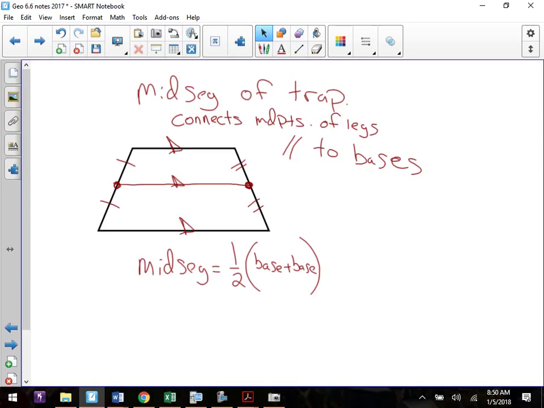Remember when you're finding an average, it's basically add up however many there are and cut it in half, or however many there are. In this case, there's two bases, the top and bottom, wherever you have it written up. Pretty simple. There's your trapezoids. Real tough.